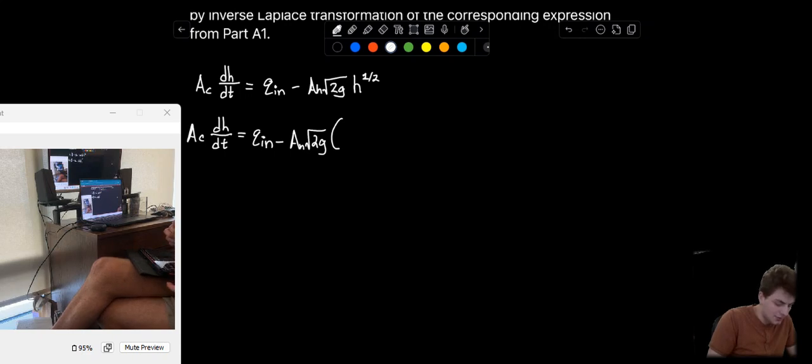So what are we going to do first? We're going to just do the square root of h bar, and then add to that the derivative term, right? So the derivative of h to the 1/2 is going to be 1/2 h to the negative 1/2.